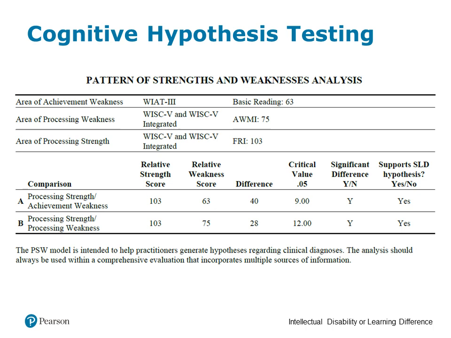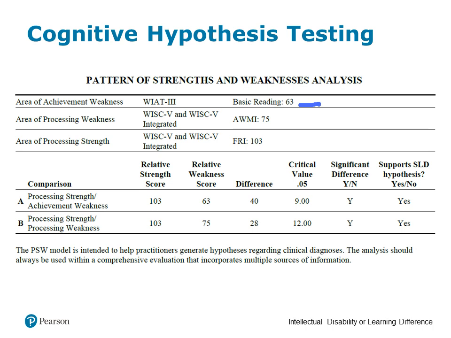So when you think about a pattern of strengths and weaknesses analysis, you're thinking first about looking at an achievement weakness. And certainly for Aaron, basic reading is one area, spelling is another, reading fluency is another. But I'm presenting the data here just for basic reading, but you'll perform the same analysis for spelling and for other achievement areas on which you want to focus.